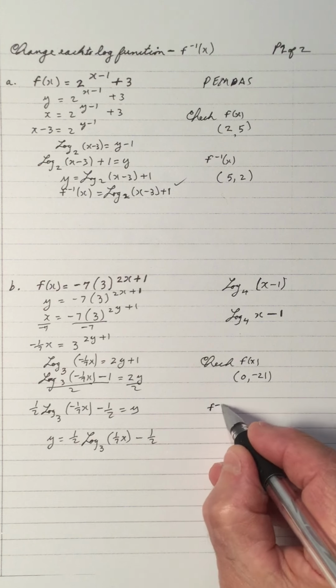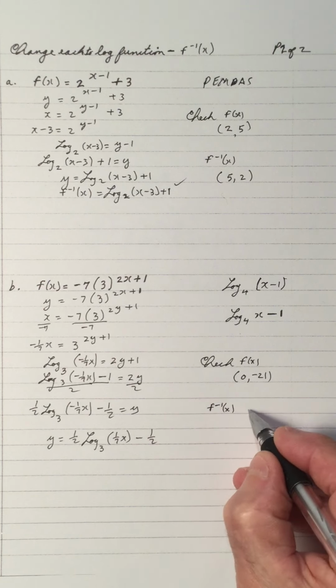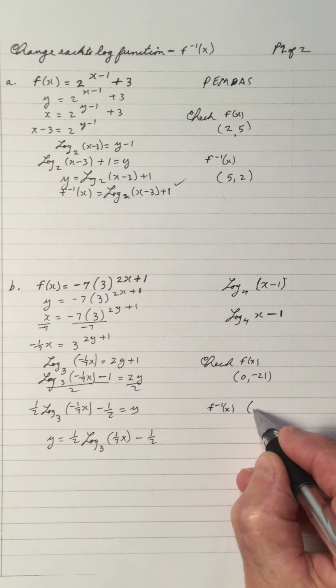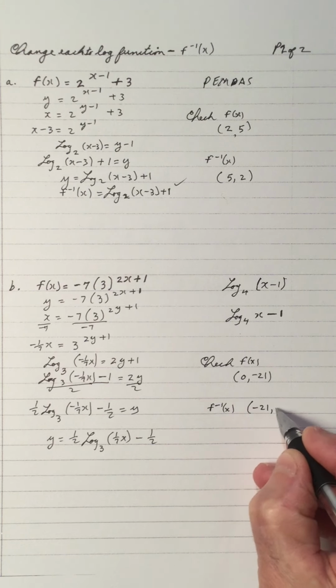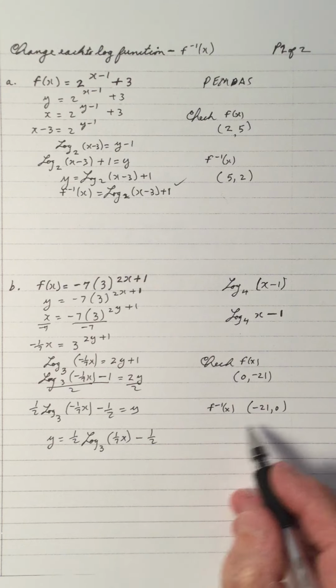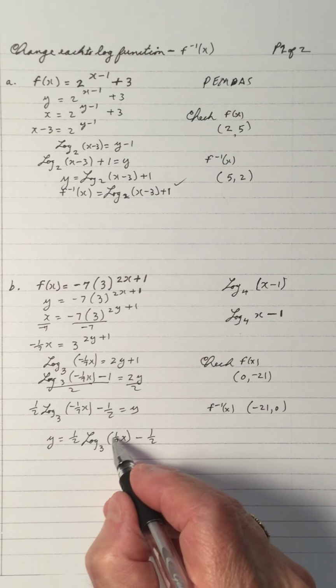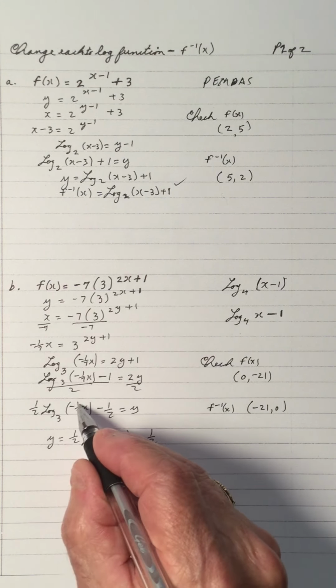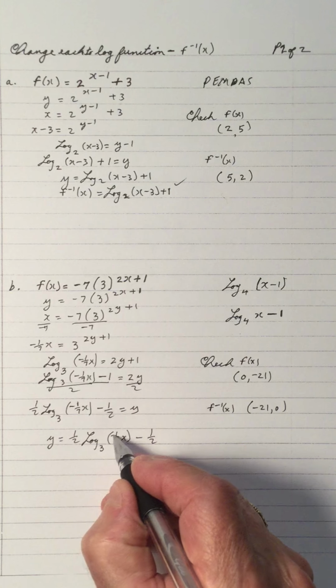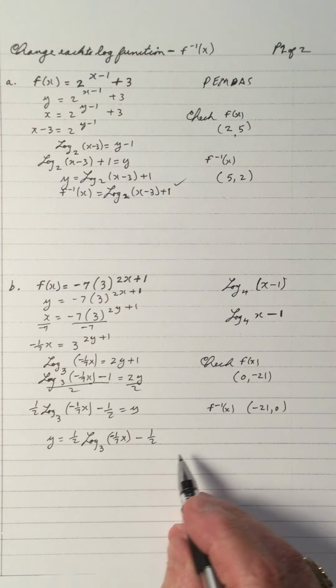So what about f to the -1? That means we should have the number -21, 0. So I just noticed now that there's a negative there, and I got careless and dropped the negative right there.